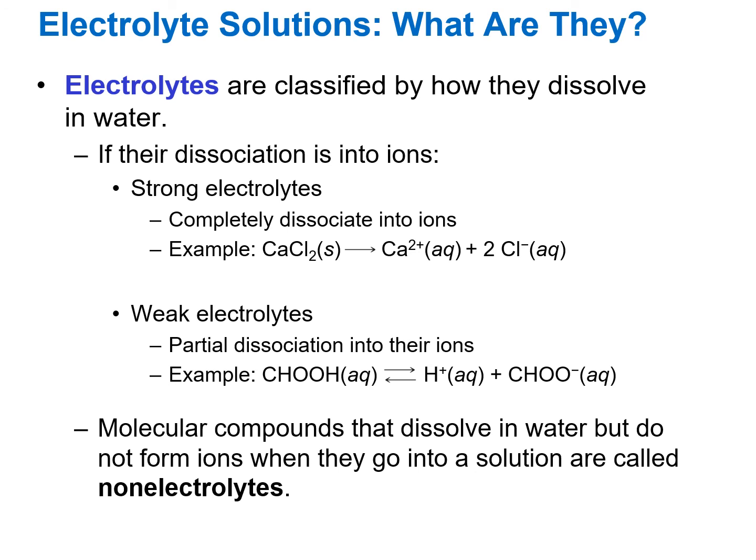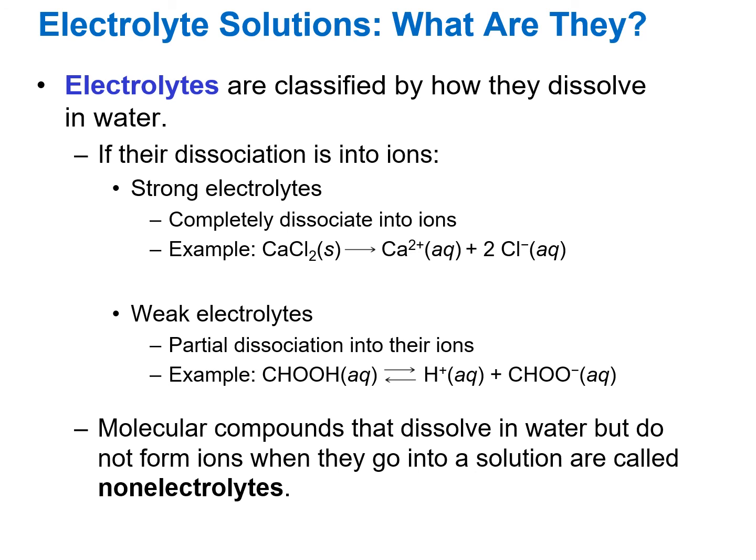Now there are some weak electrolytes, such as our carboxylic acid here, and this is a kind of molecule that you see attached to long chains of hydrocarbons usually, at least if you're studying the anatomically focused sciences or the physiologically focused sciences.